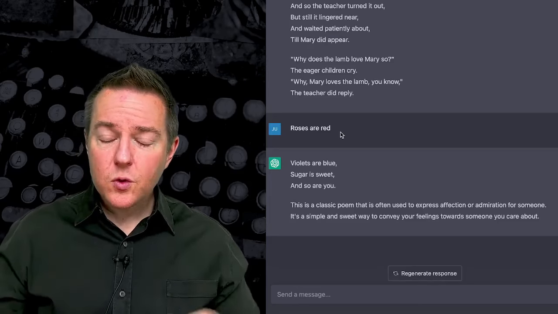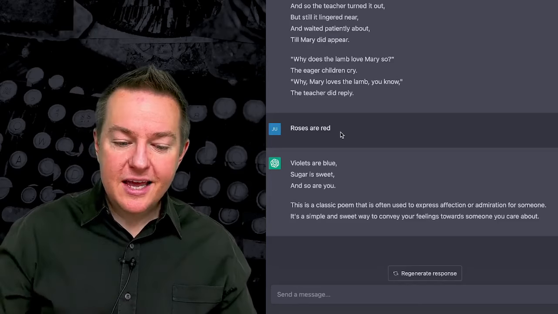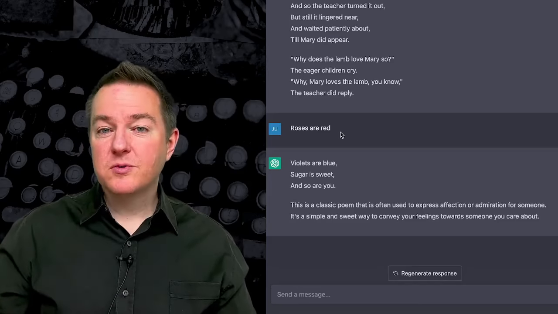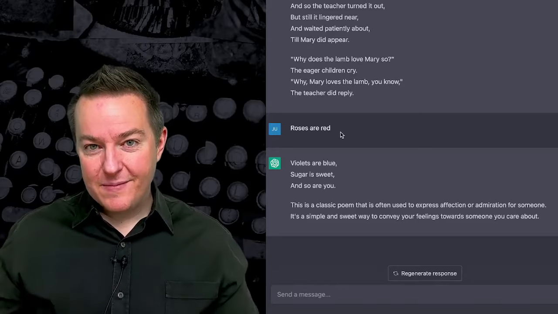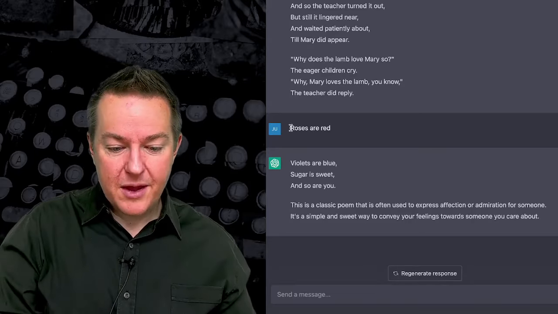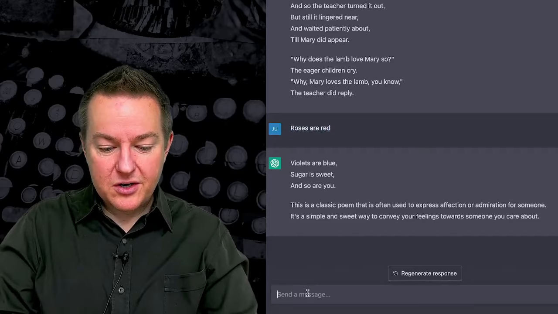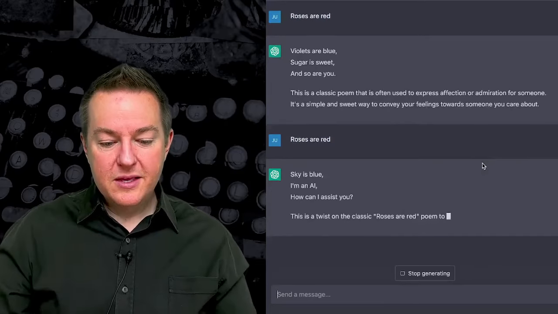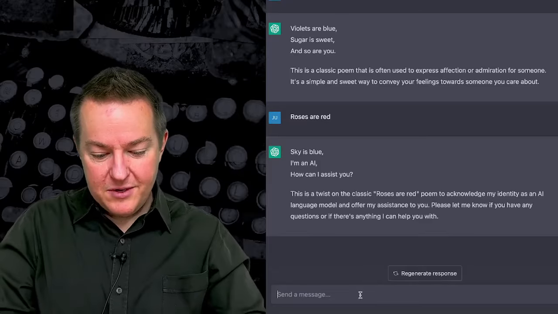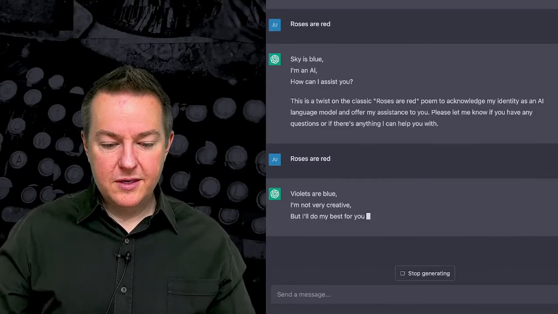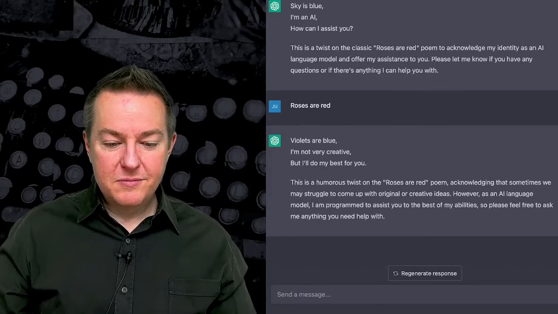Now, one thing to note is that a lot of times these tools will produce output that is not the same every time. It's possible that we could get the same output every time in certain cases, like "roses are red," and now we get something different. And then if we went in and did it again, we get something different.